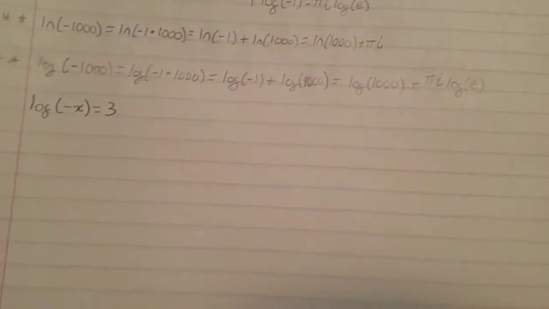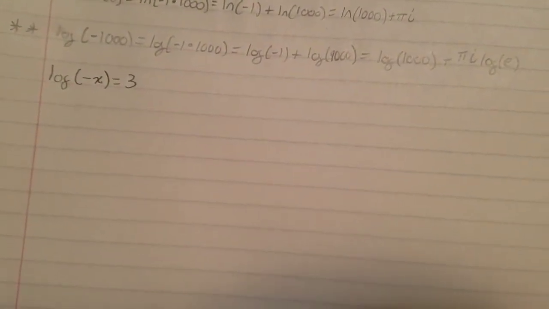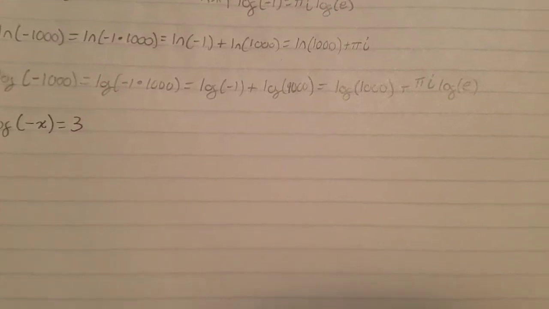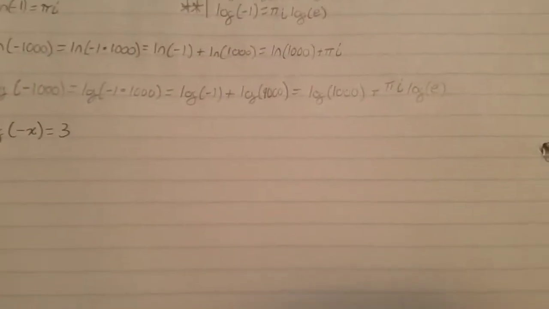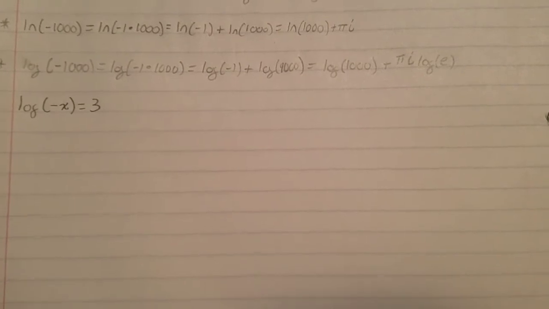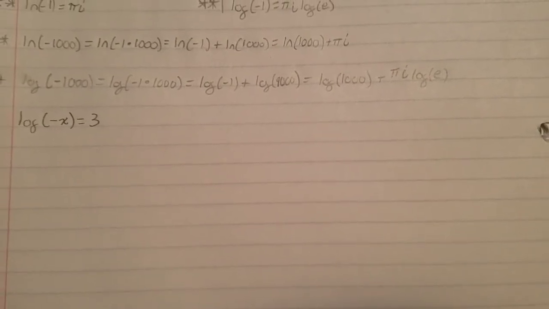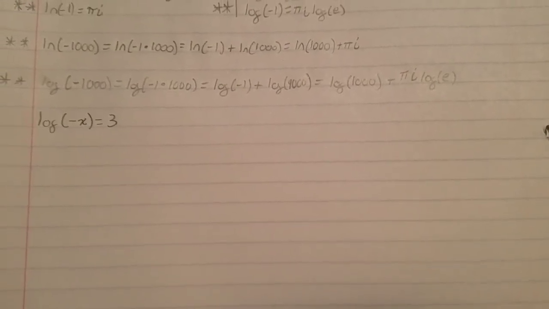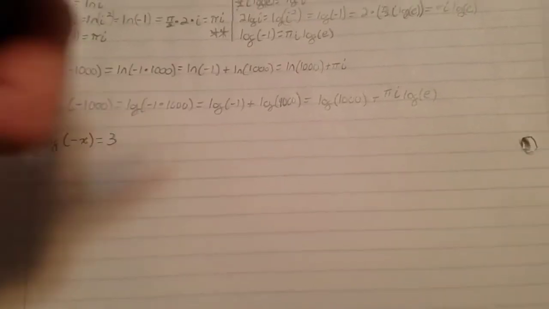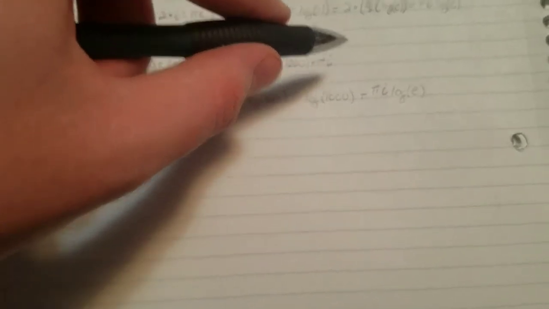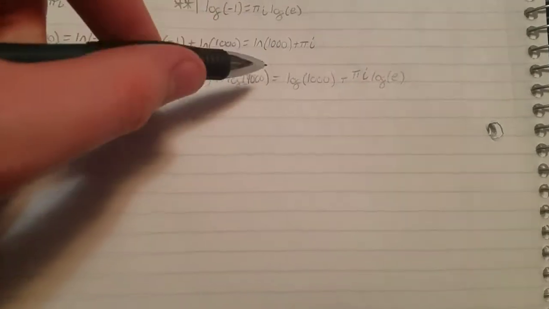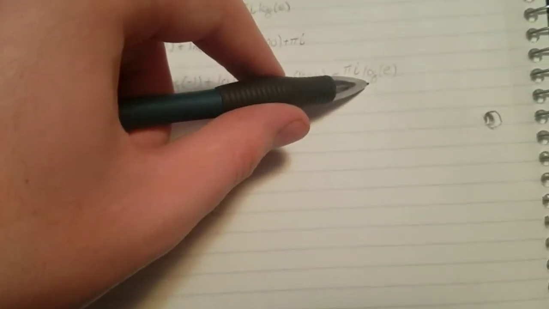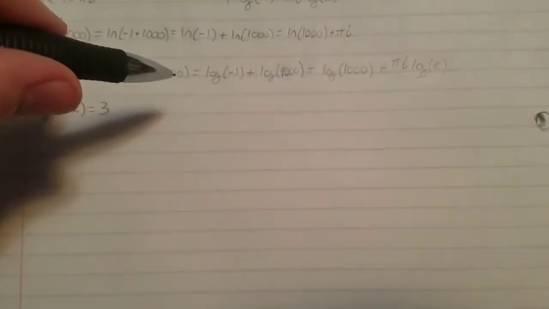It's pi i. So the reason I say it's not very useful is because you end up with an imaginary number at the end of the day, most times. But I'll show you where it doesn't. So the log of -1000 is, I mean, you can basically see through it. All you do is add a log of e, and the reason there's no ln of e at the end here, or I should say log base e of e, is because what we're doing here is we're taking the log of e using the base that it is used for everything else.